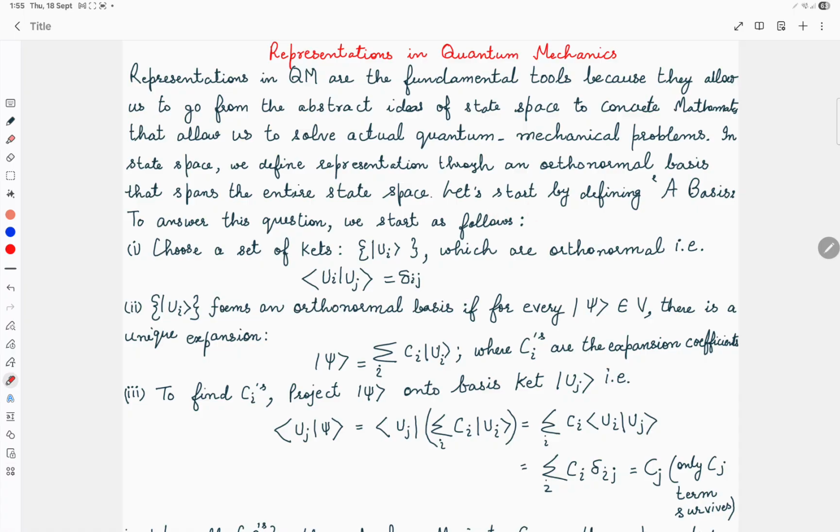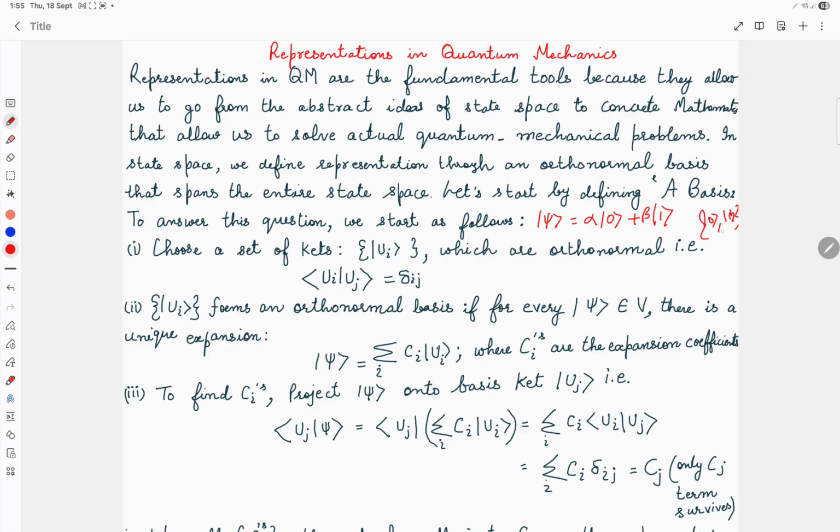For example, in the case of a single qubit system, let's say a qubit is represented by ket psi. I can represent this qubit as alpha ket 0 plus beta ket 1. In this case, ket 0 and ket 1 are the eigenbases, or the orthonormal bases, for a single qubit quantum system.